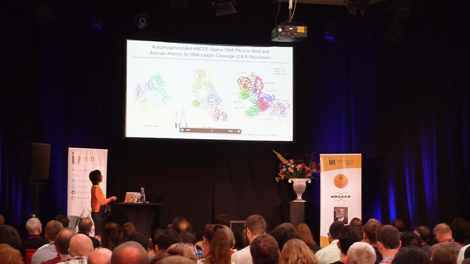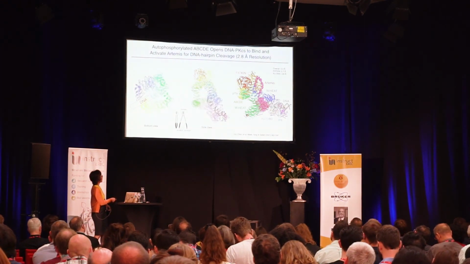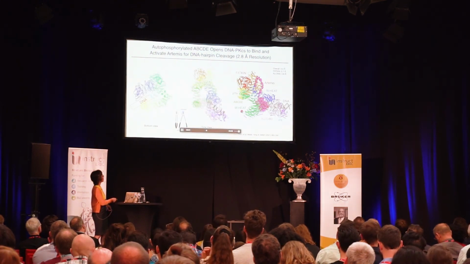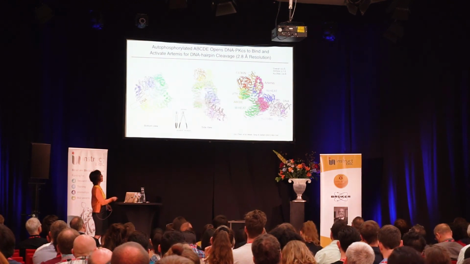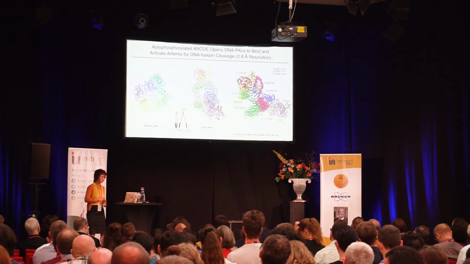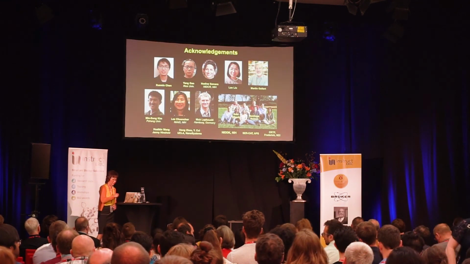The Artemis has the nuclease domain, which is inserted in between the DNA and the green HEAT, and then it has a long neck hanging up near the kinase domain. So this phosphorylation-dependent conformational change allows the nuclease to access the DNA end.